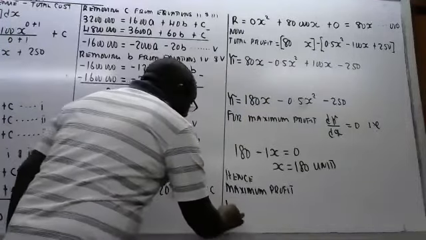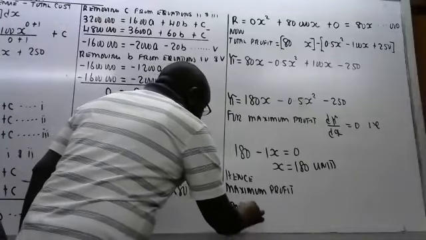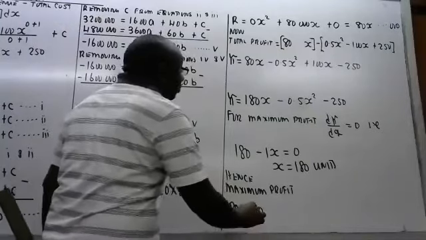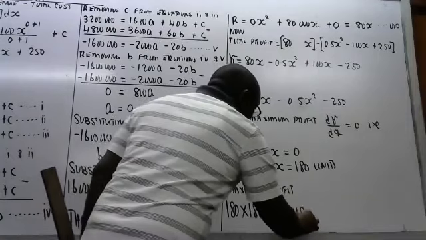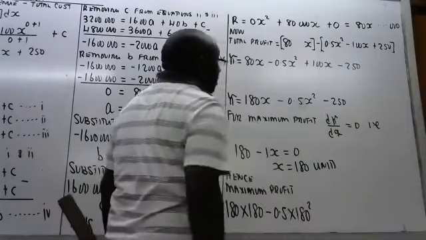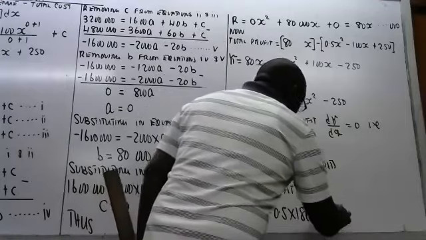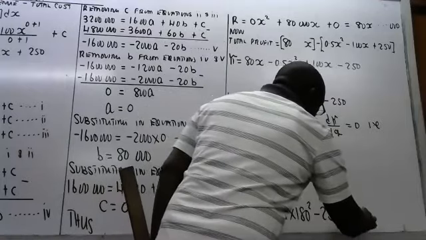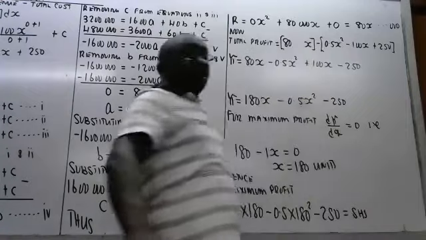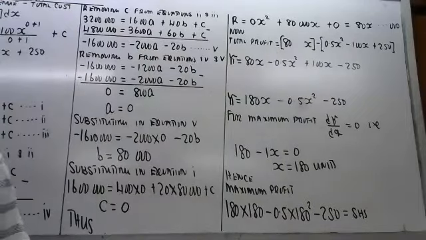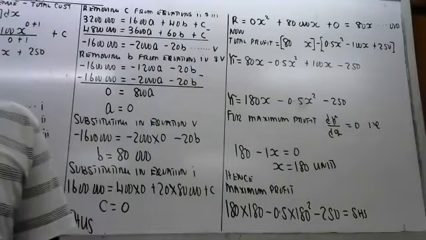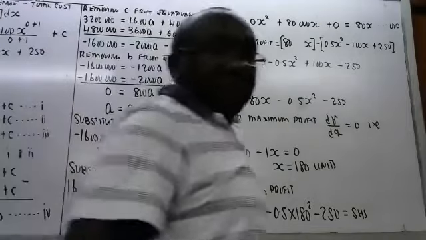So the same as 180 times 180 minus 0.5 times 180 squared minus 250. That is how you will get that figure. So get the answer so that you pick up from there.